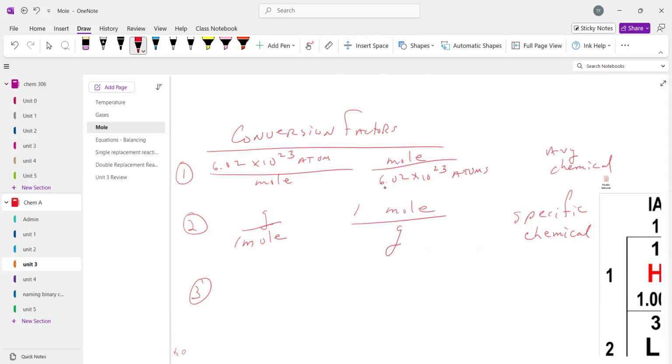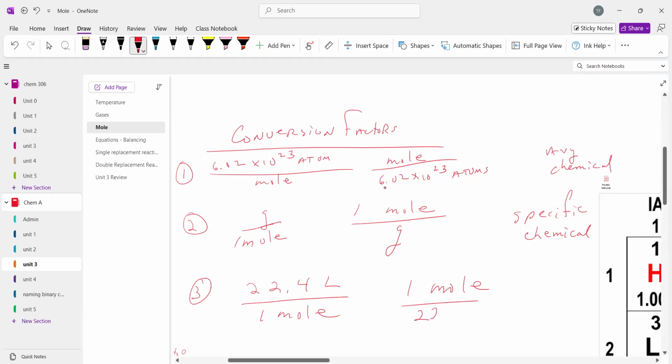So when we're working with a gas, for a gas only, 1 mole is 22.4 liters.